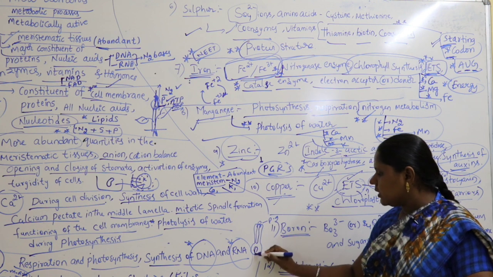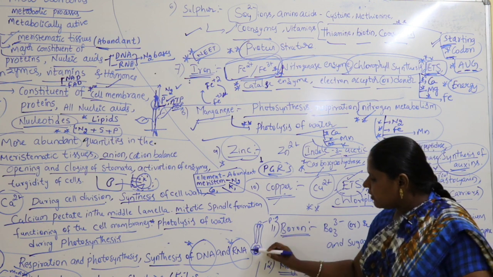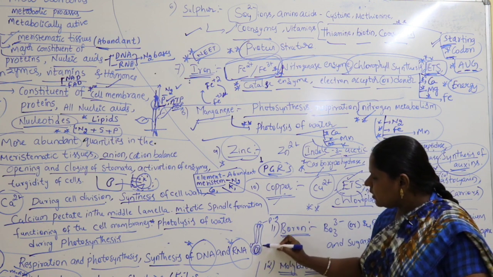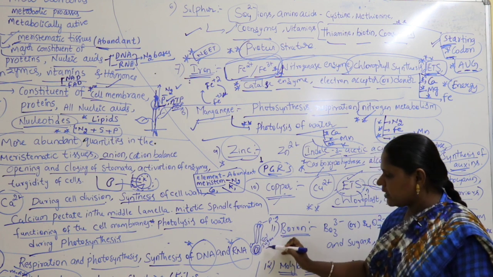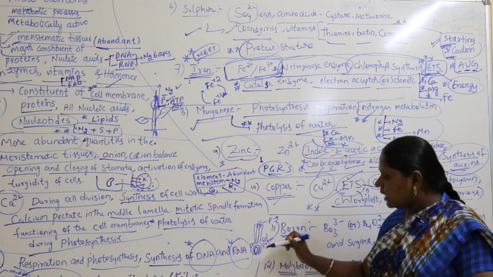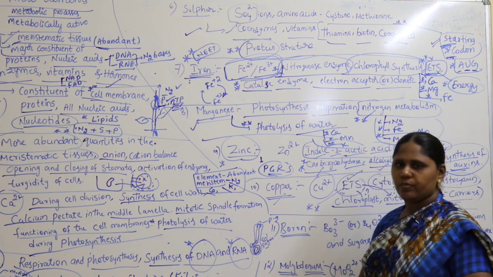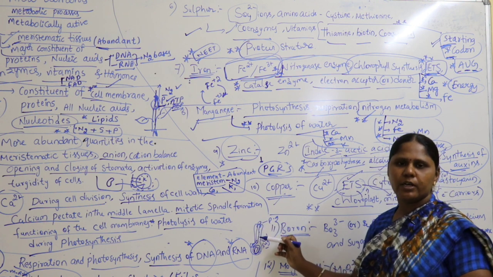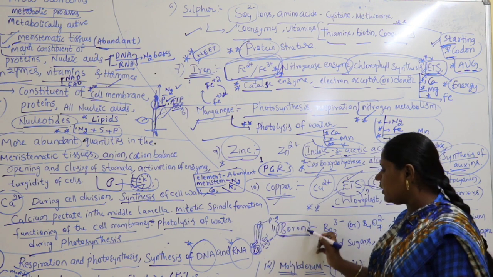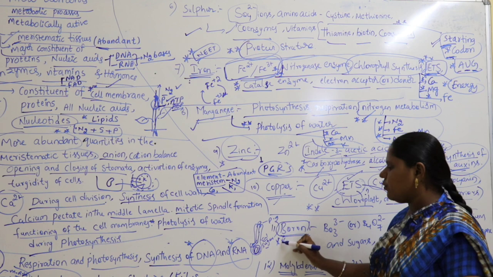Here there will be synthesis of calcium and sugars. Wherever the direction of calcium and sugar is, the pollen tube will grow in that direction. That means pollen tube germination and the length of the pollen tube is maintained by an element called boron.